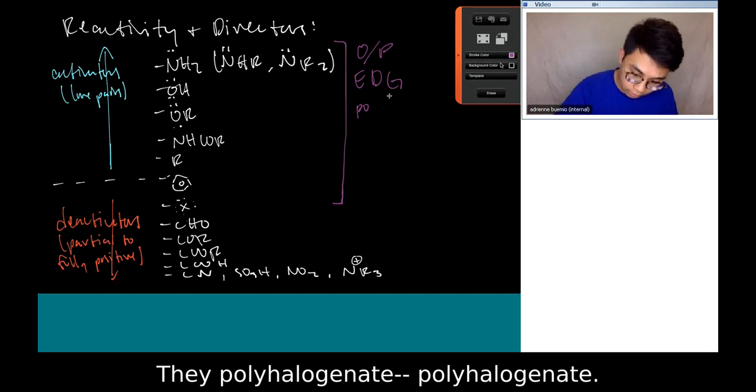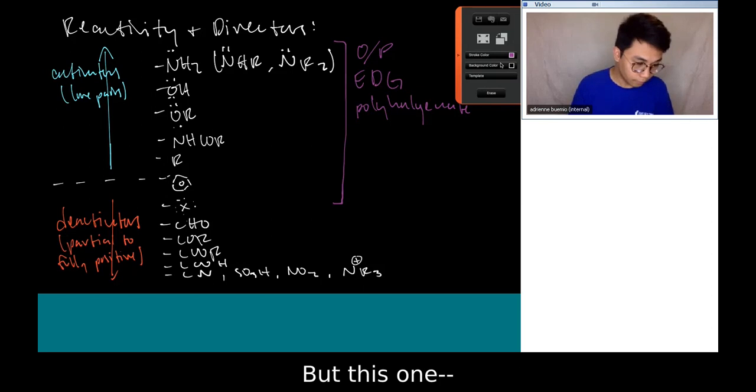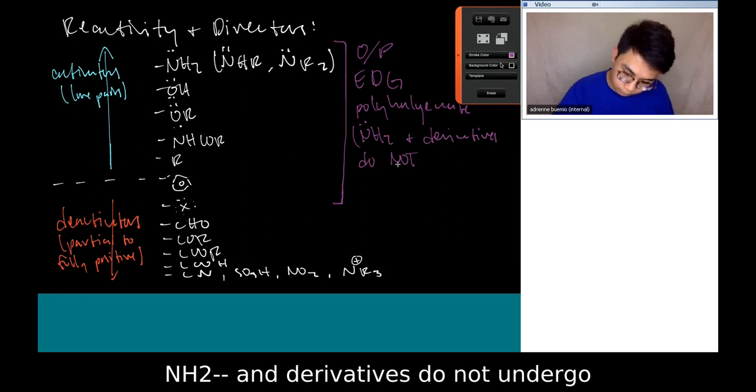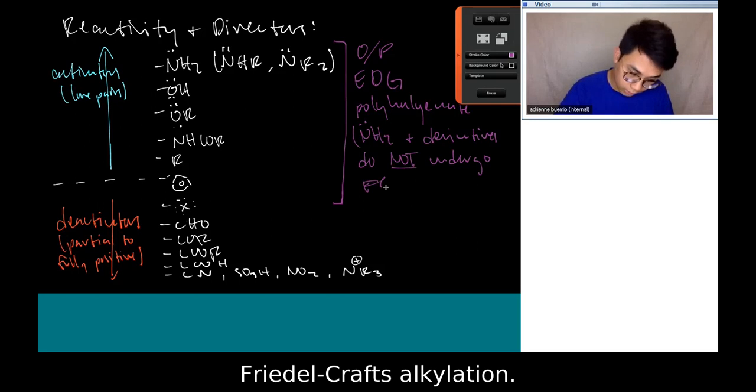They polyhalogenate, but this one, NH2 and derivatives, do not undergo Friedel-Crafts alkylation.